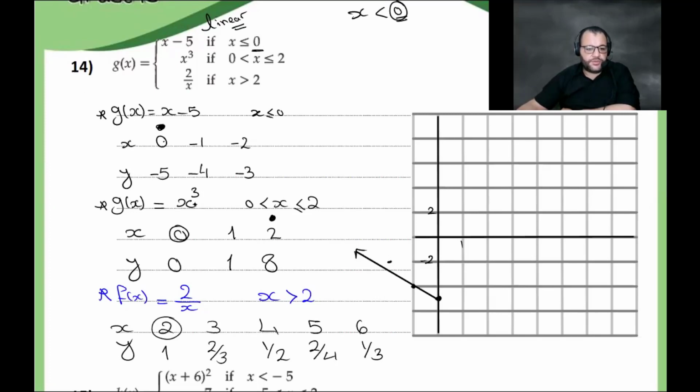The second one, 0 and 0, and it's open. 1 and 1, 2 and 8. On the vertical axis, 2, 4, 6, 8. That's the point, and at 8, it's closed.